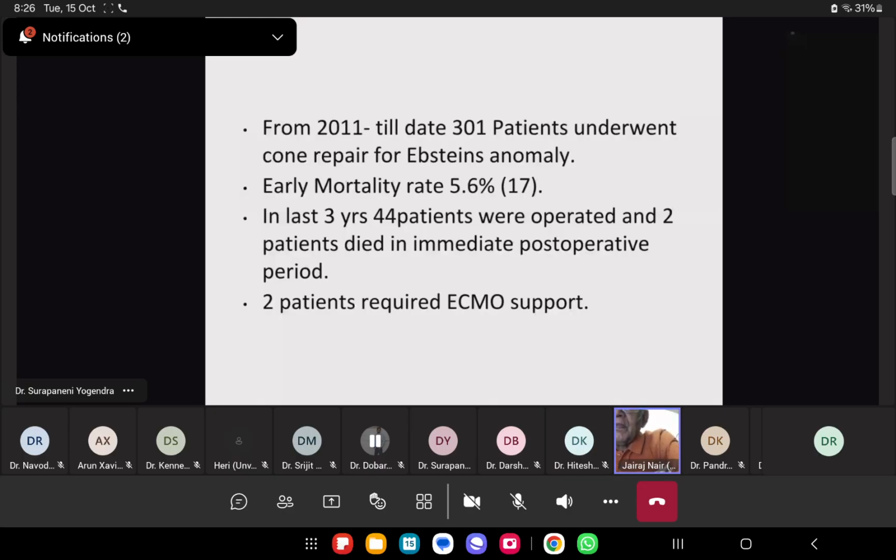So, any comments, sir? As you said, I am also not an expert in this. But a few things are very important. Krishna said, it is classically a bimodal presentation. That's the first thing when you talk about Ebstein's. In the first few weeks, they present with severe cyanosis and left heart failure.